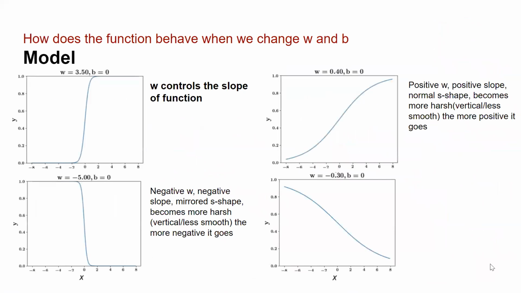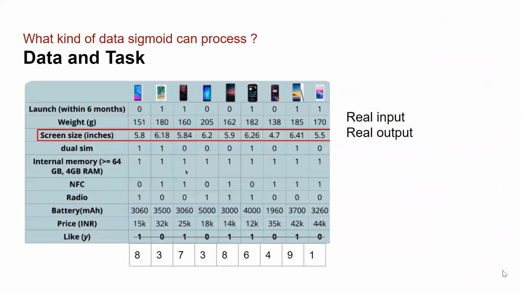Now let's get back to this. If we talk about the data and task, in case of our perceptron we were dealing with categorical output, but here we can deal with numerical output also. How do we relate it with real life? I'll take the same example of the mobile phone. Earlier, we were thinking about whether you will like that phone or not.